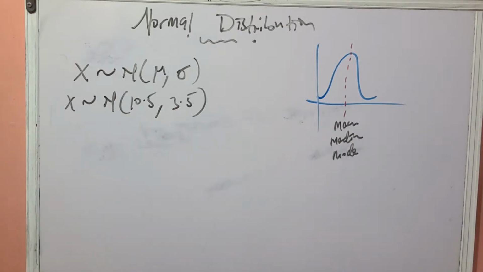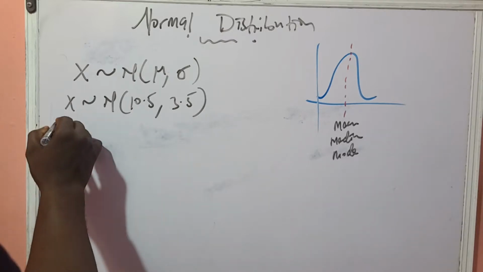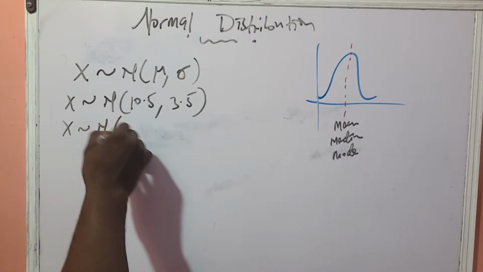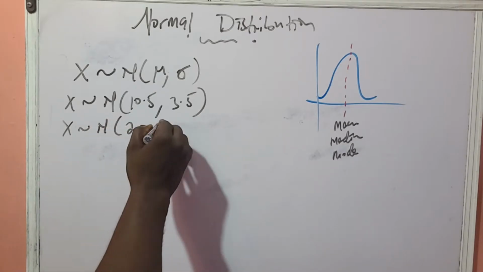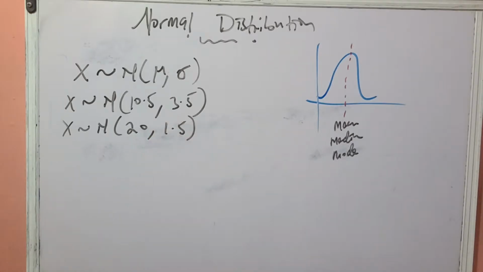Now, after you're done with that, if you then need to solve another question where the mean is now 20 and the standard deviation is 1.5, for instance, that means in this case we would need to get a different table to deal with this particular question.